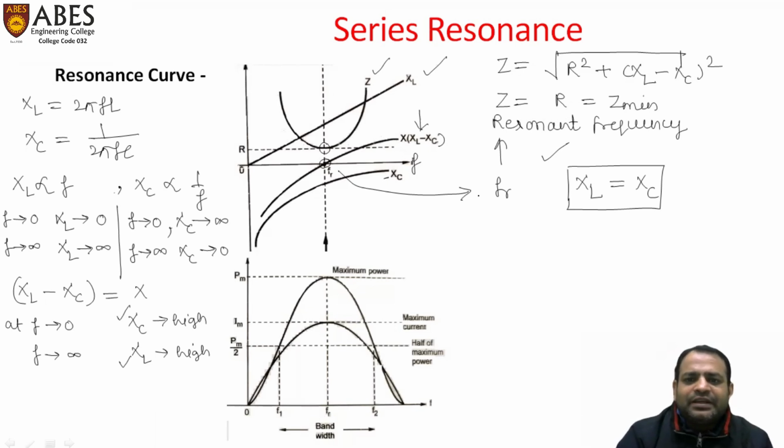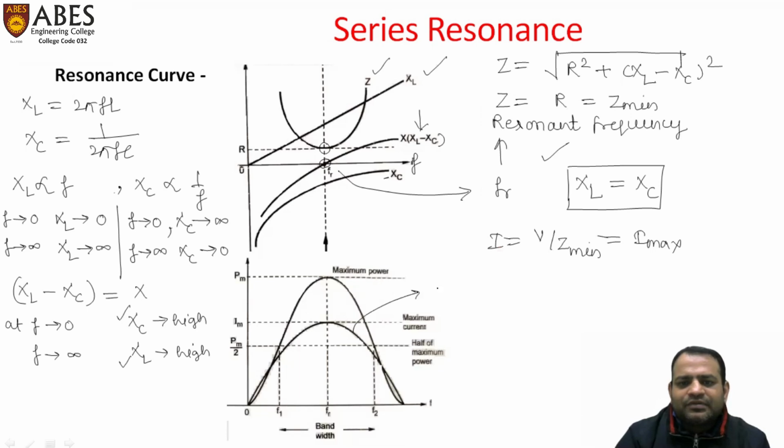In a similar way, I, which is V by Z, when Z is minimum, then I is maximum. So at resonance, current is maximum. This is the curve for I, and this is I max.